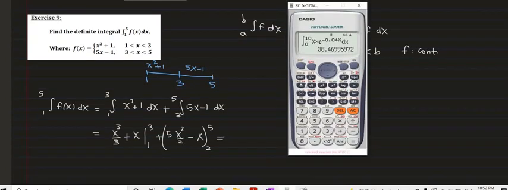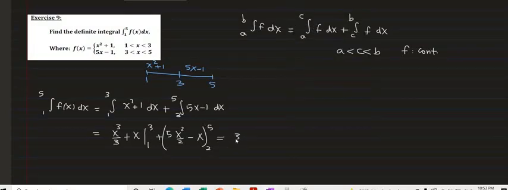We can double check the final solution here. First, we can write x squared plus 1, and the integral is from 1 to 3. That's 32 over 3.